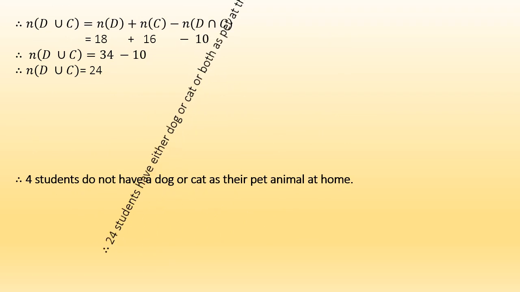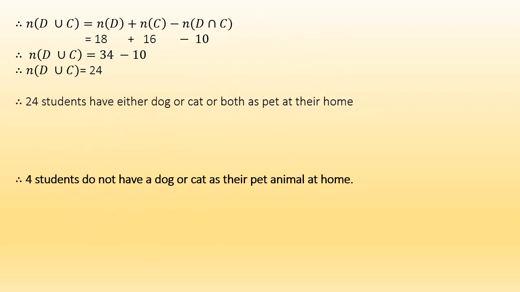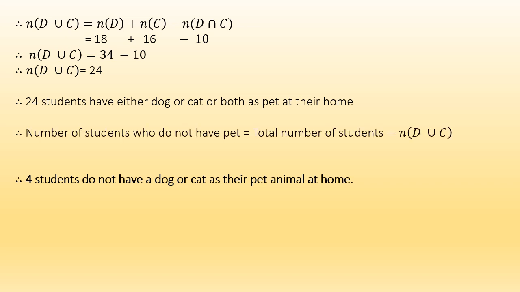So to find out the students who do not have dog or cat as their pet, we will apply the formula total number of students minus n of D union C. We put in the values: total number of students is 28, which are taken into consideration, minus 24 students, that is the union part, those who have dog or cat or both as their pet.